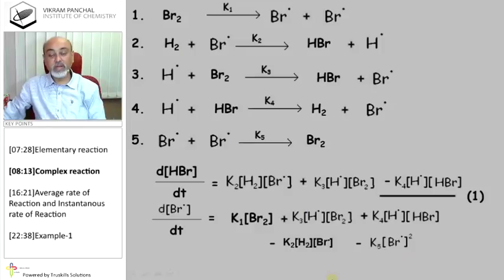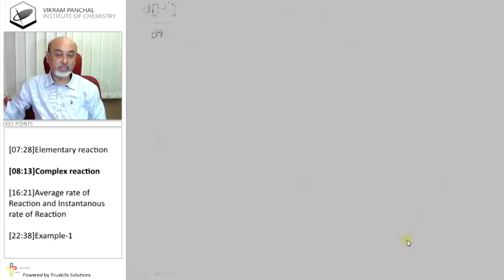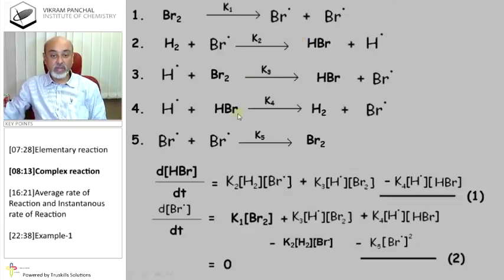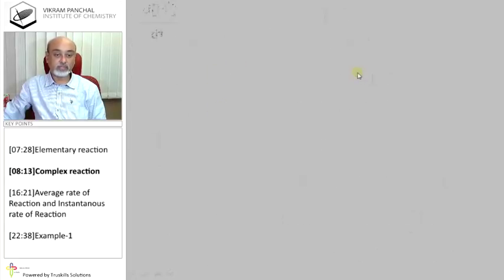Now the bromine free radical at the end of the reaction is not existing. Therefore this will be 0. So it is equal to 0. So we can change the side of these two. Now for these 5 reactions we'll take the differential rate law of H free radical. And H free radical is in the second, third and fourth reactions.